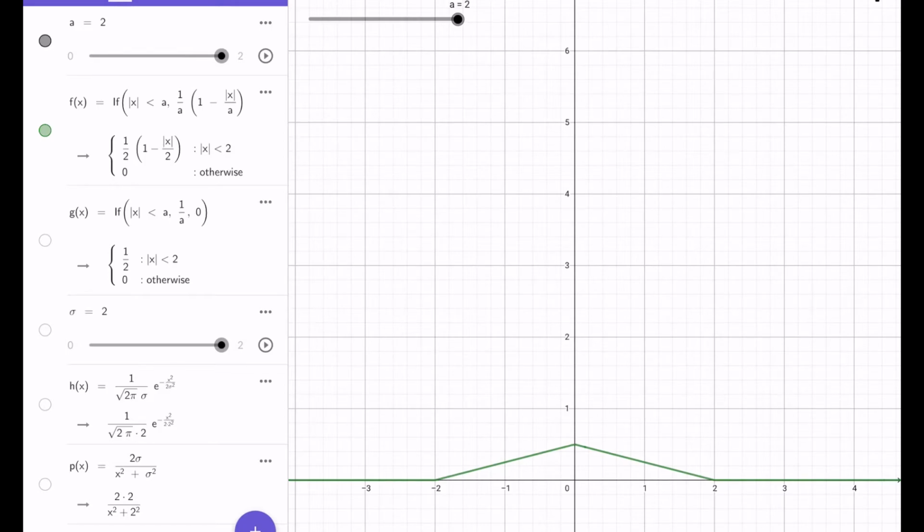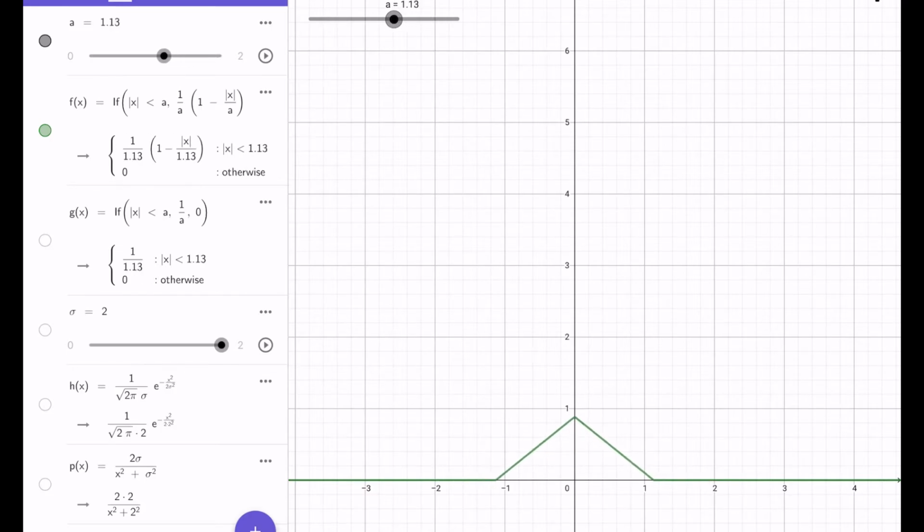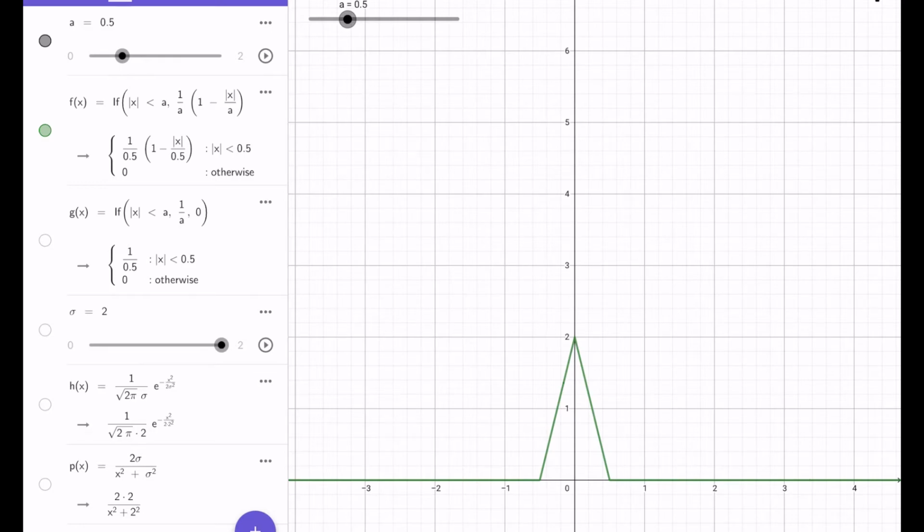Now as I decrease the value of a, you can see that its base decreases and its height increases, but the area remains unity. Let's consider a equals 0.5.